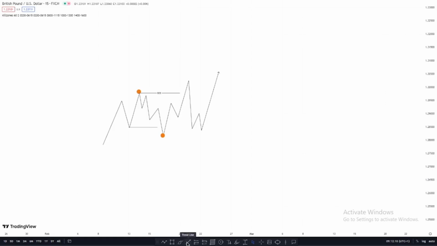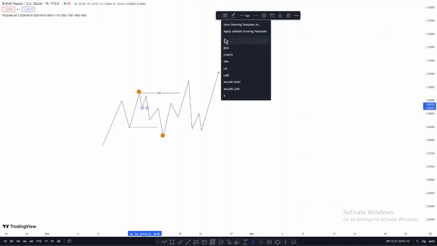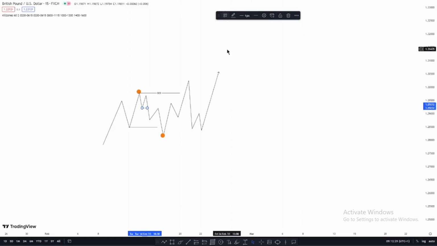Look at this. A lot of guys, when they see this is a high, and price came back down, went back up and took out this low here, regard this as a break of structure, whereas that is not a true break of structure.